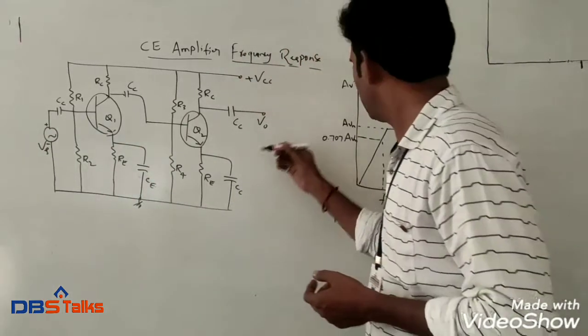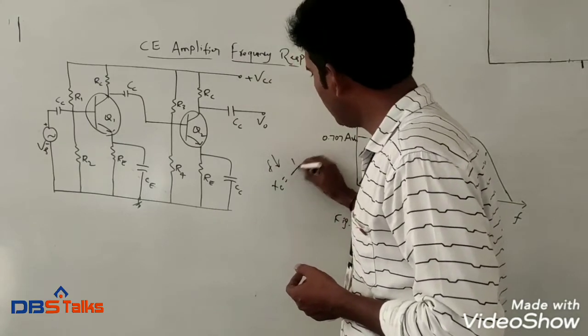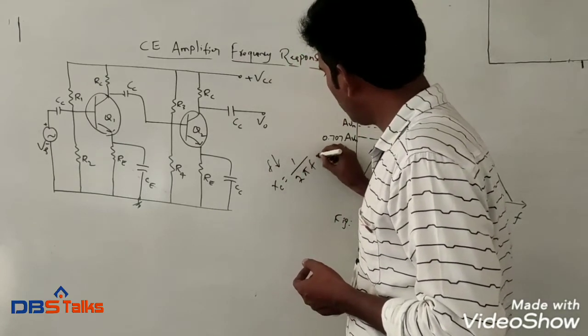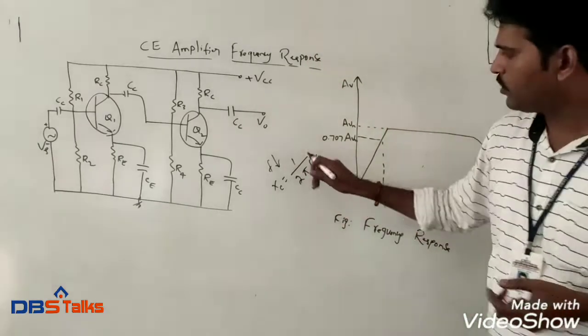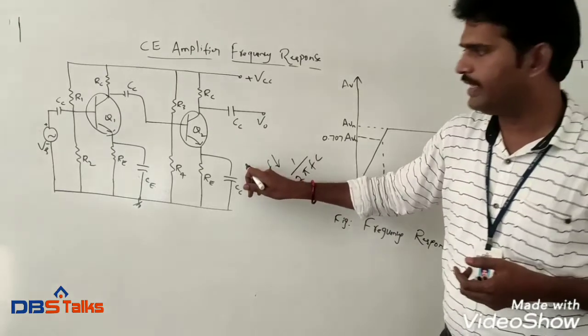For example, if the frequency is low, we know that Xc equals 1 by 2 pi f c, right? At low frequencies, if the frequency decreases, the reactance of the capacitor increases.